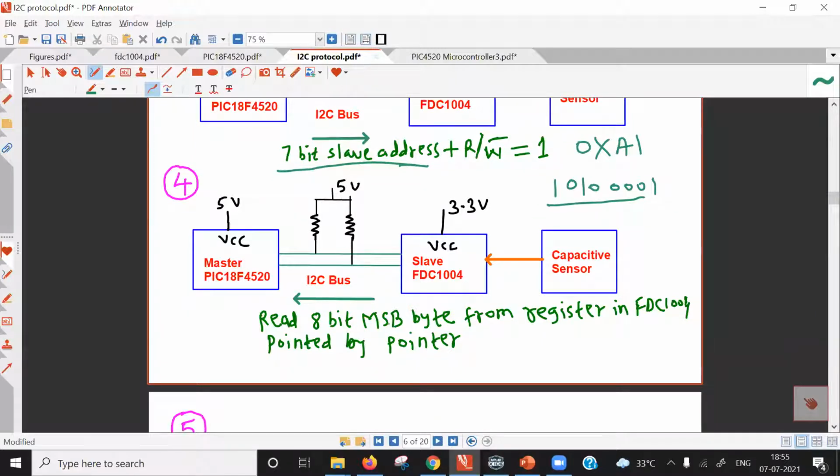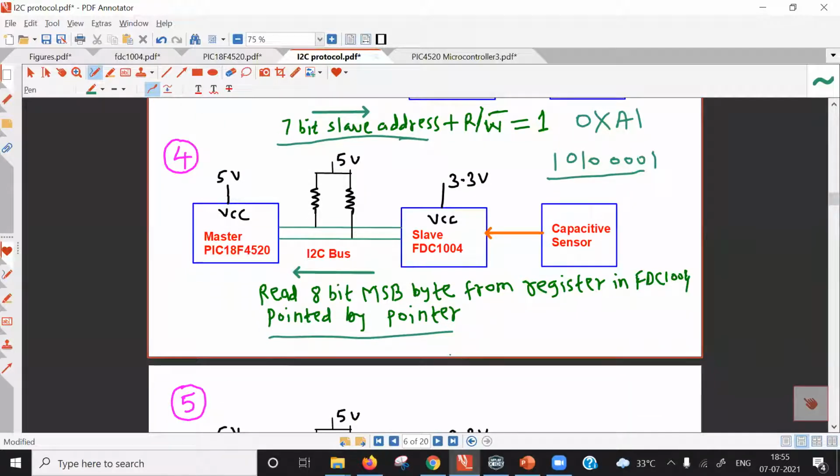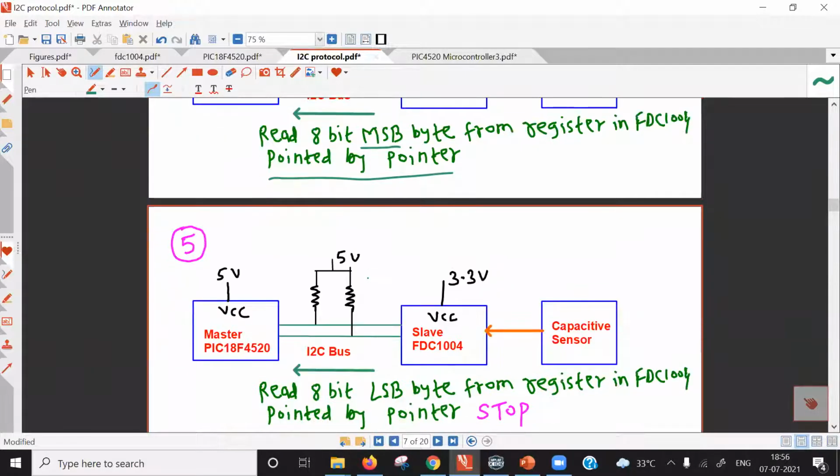So read the 8-bit MSB byte from the register in FDC 1004 pointed to by the pointer. Every time I am mentioning here the pointer. So this 8-bit data will be read from the slave device, which is pointed to by the pointer, and all registers are 16-bit. So first time what do we get? The MSB part of that register, and the fifth cycle is again for a read operation.